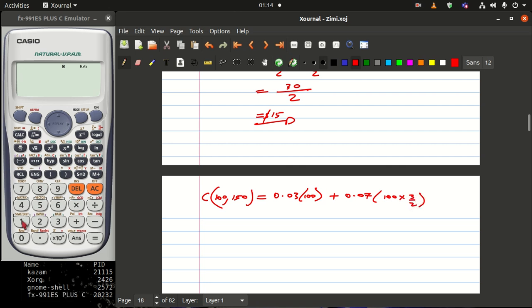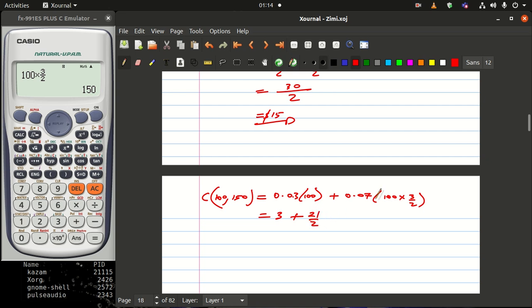Is it true that 100 times 3 over 2? Don't want to make mistakes here. Okay, that's fine. And then this one here, move the comma 2 times, so we'll end up having 3 here, and then plus, and then here we have 7 times that, we have 21 over 2.